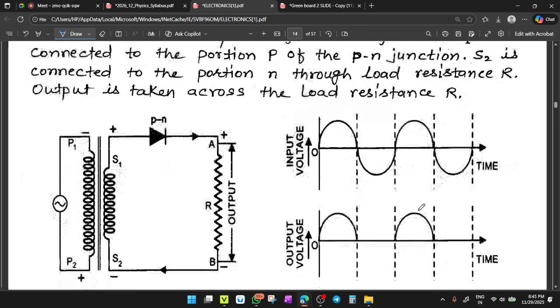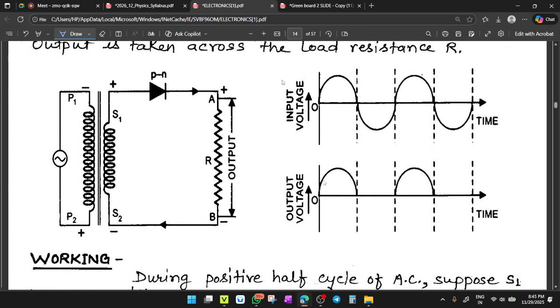For the introduction of the half wave rectifier, first see this is your input signal voltage. A half wave rectifier will cut the negative signal and only produce the positive signal as output. So this is a half wave rectifier.